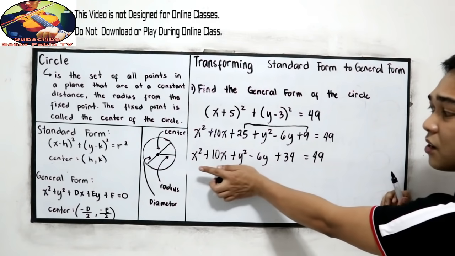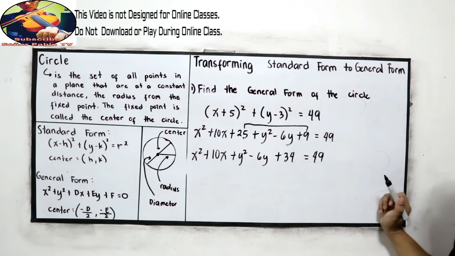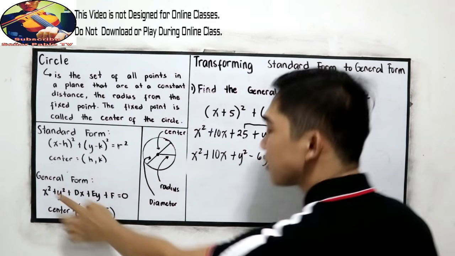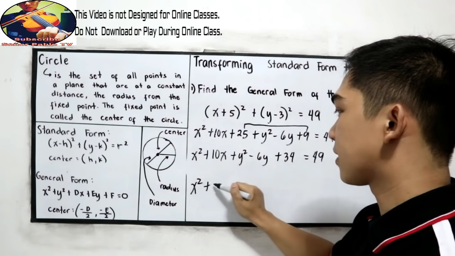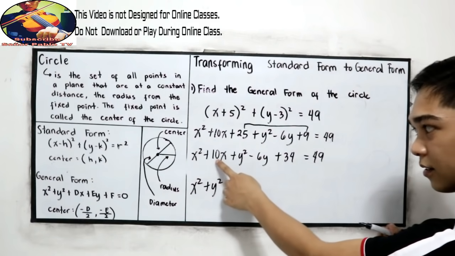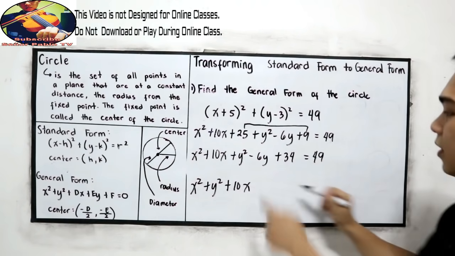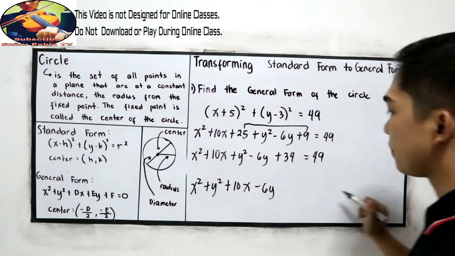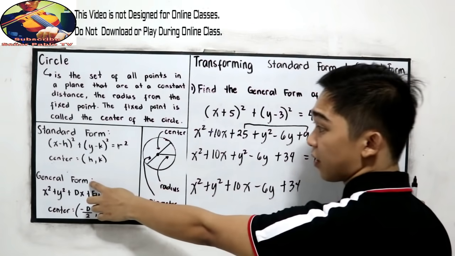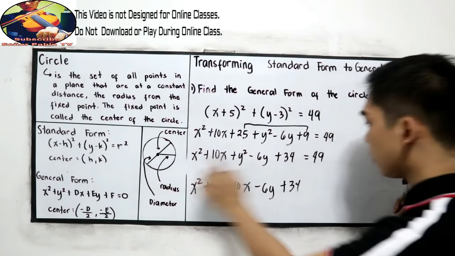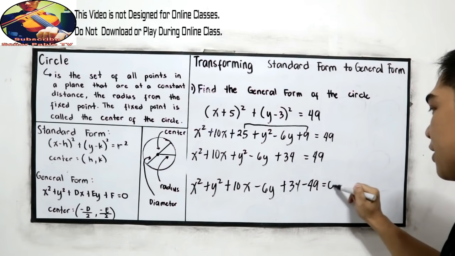And now, let us rearrange our equation. So, x squared, copy positive y squared, plus 10x, minus 6y, plus 34. In our general form, that is equated to 0, so we need to subtract 49. Is equal to 0.